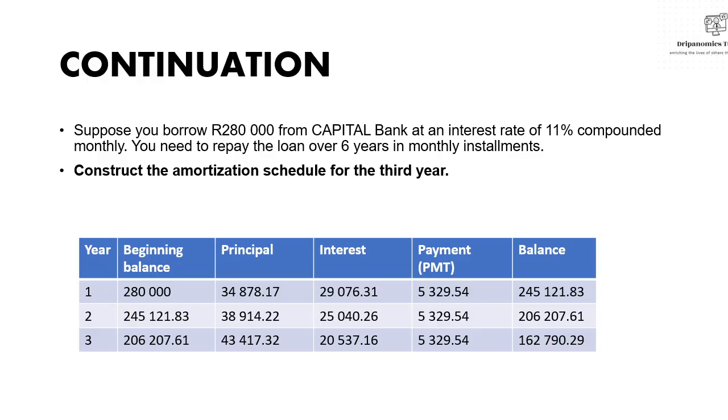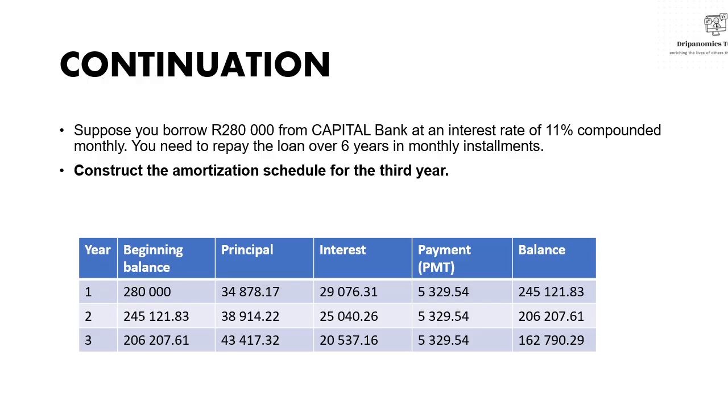Now for year 2, what would you do? You would again press shift, amort. Now your calculator shows you 13 to 24. Year 2 starts on the 13th month, it ends on the 24th month. You press equal, shows you how much was paid in that year, which is 38,914.22, the principal amount.